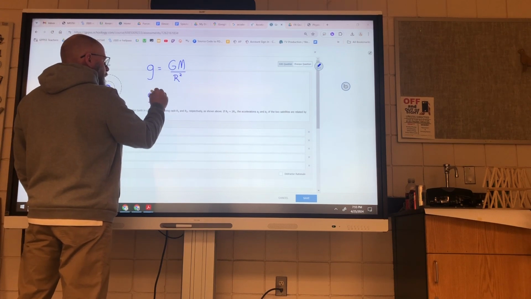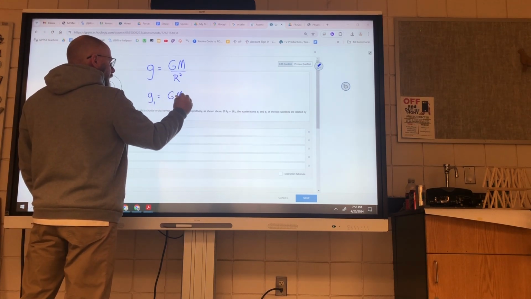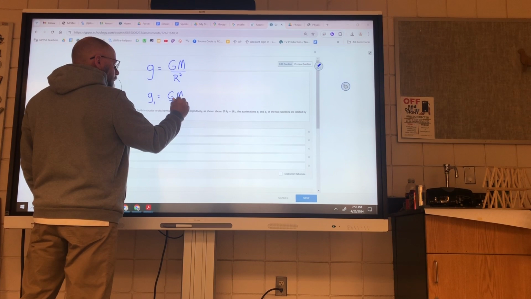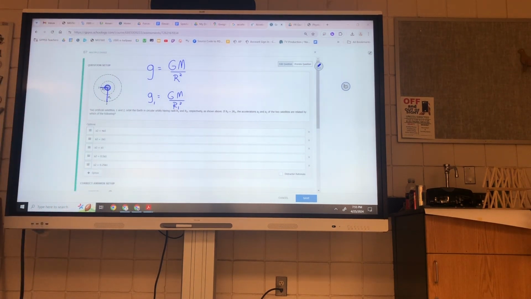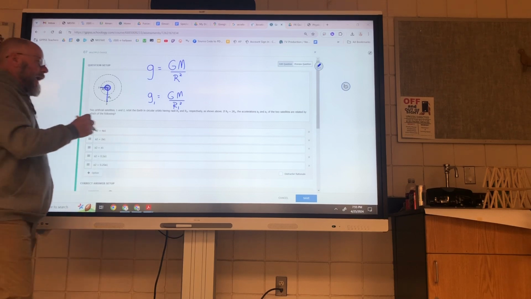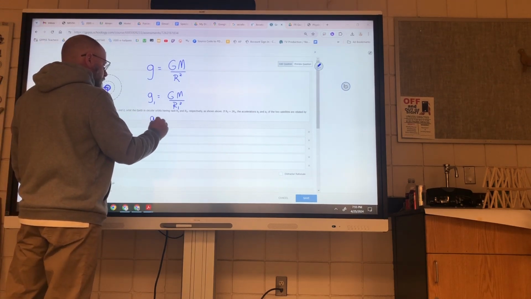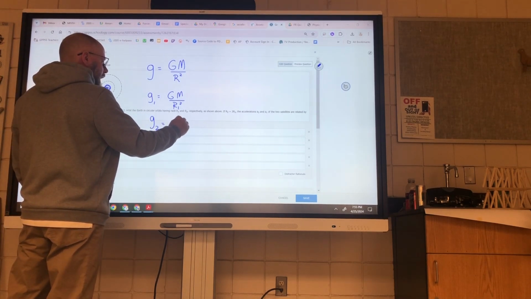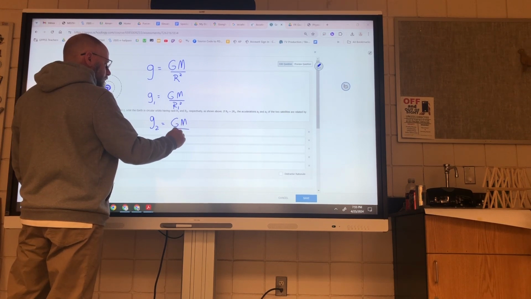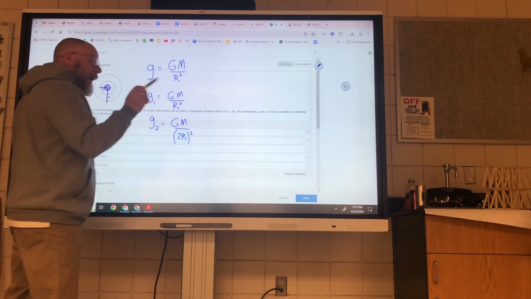So the g value for 1 is equal to GM over R1 squared. Is that cool? What is g at 2? GM over what? 2R1, squared.